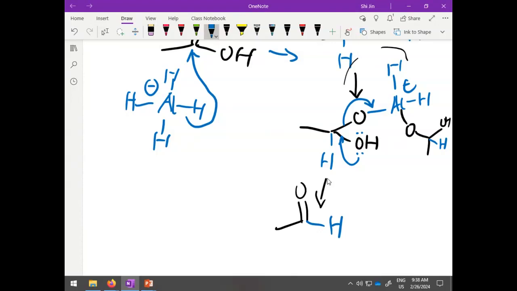This proton can be taken away when this one breaks. The easiest way to say it is this proton can be transferred to this oxygen, so it becomes HO-alumina.